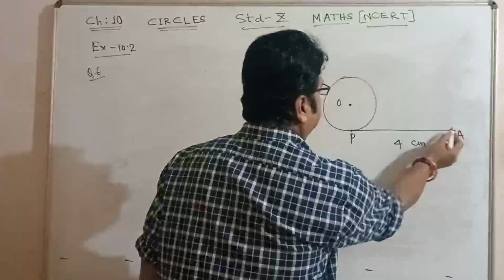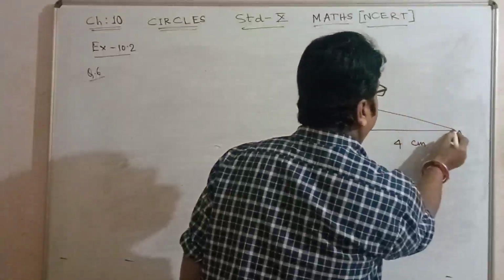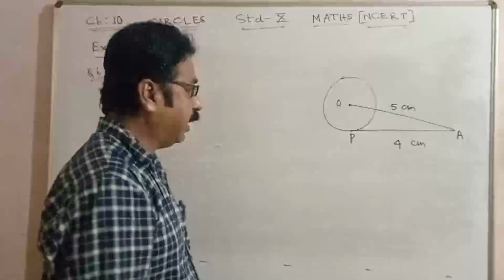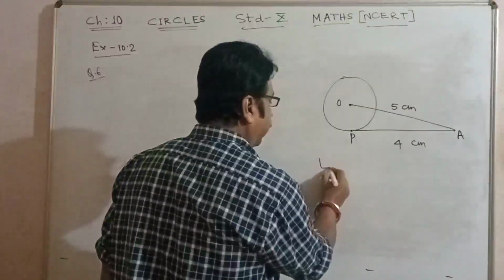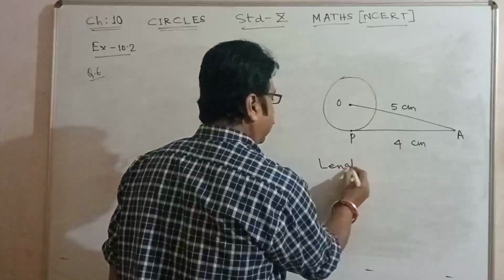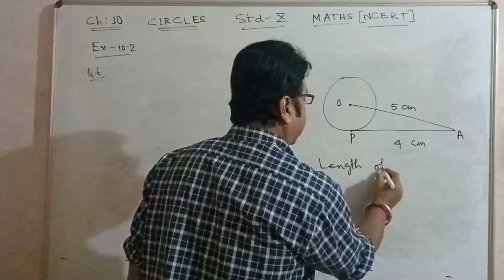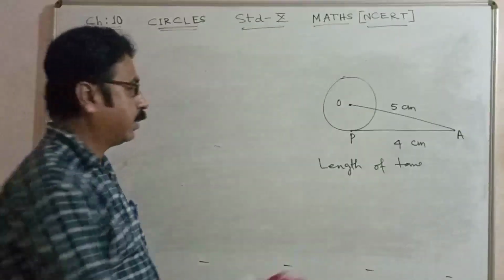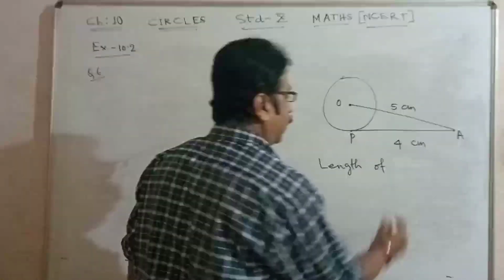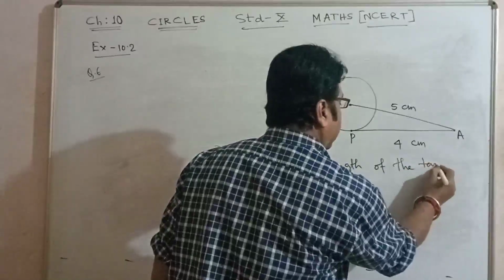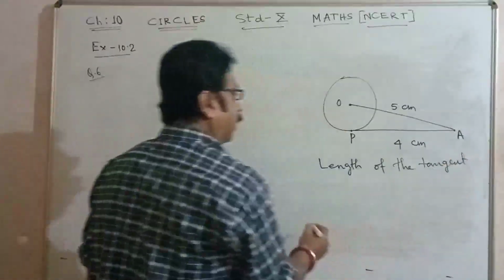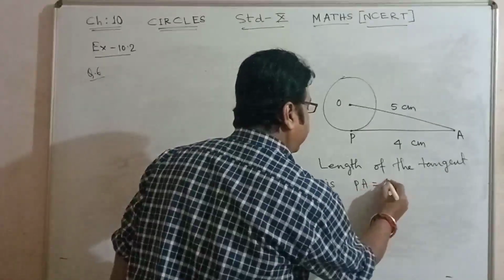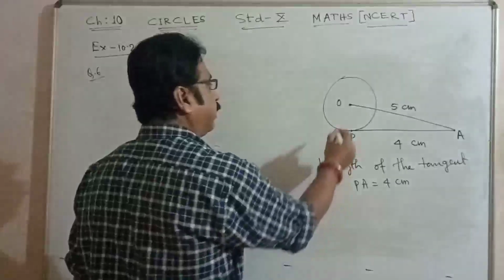The length of tangent from point A at a distance 5 cm from the center. That means point A is at a distance of 5 cm from the center, and the length of tangent is given, length of tangent is PA equals to 4 cm.